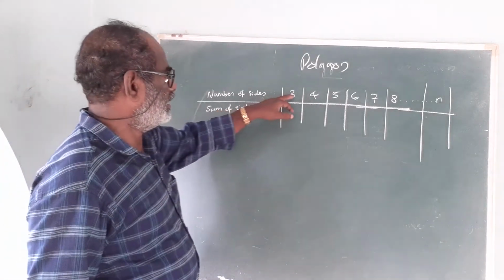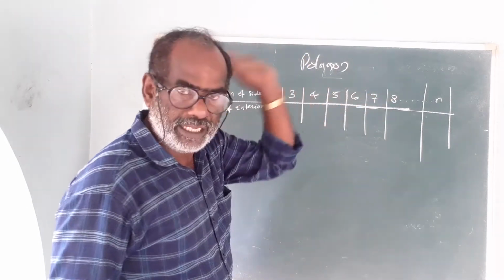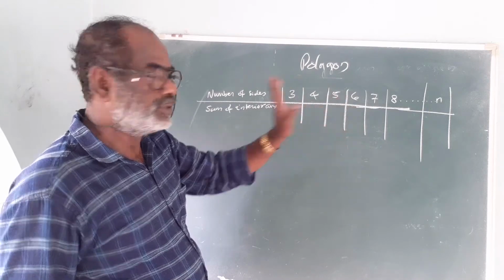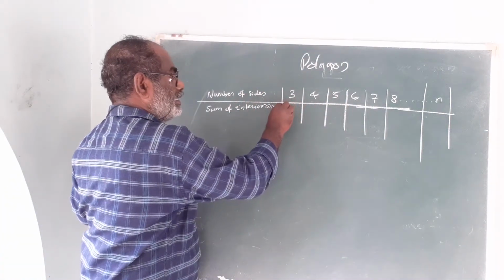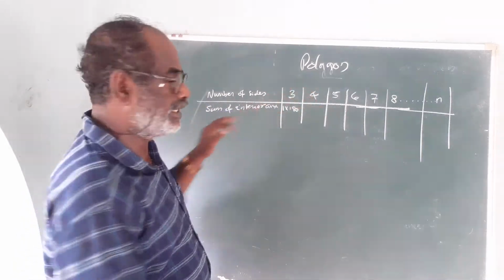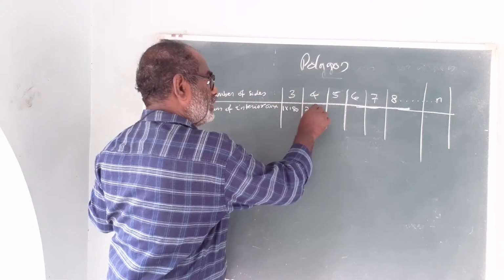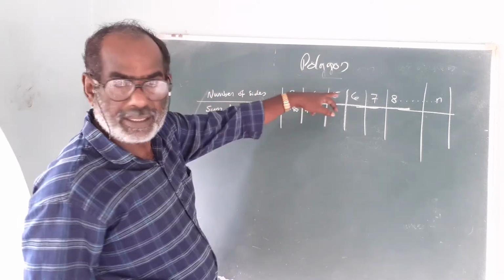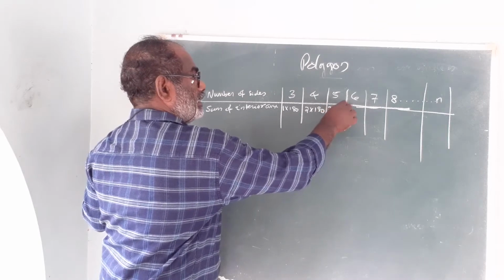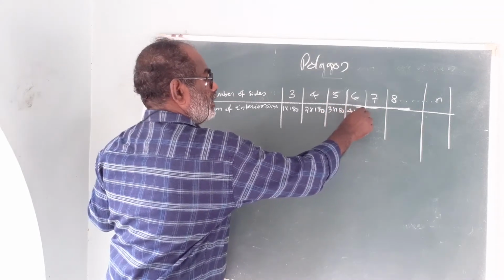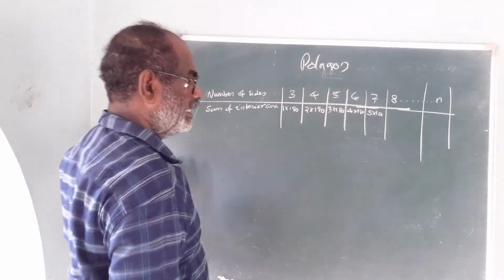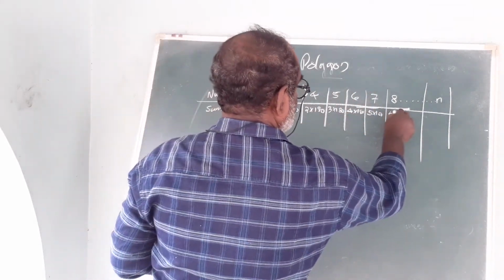Here the number of sides: 3, 4, 5, 6, 7, 8 up to n. Then what is the sum of the interior angles? We just saw that 3 sides is 1 into 180. The 4-sided rectangle is 2 into 180. With 5 sides, we draw like this, 3 into 180. 6 sides is 4 into 180. 7 sides is 5 into 180. 8 sides means 6 into 180.